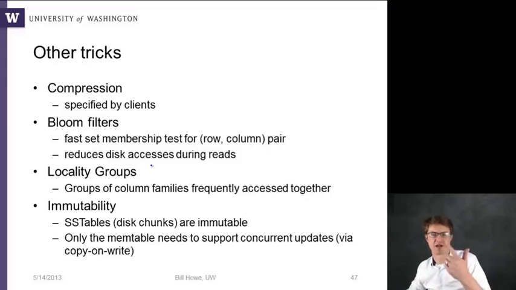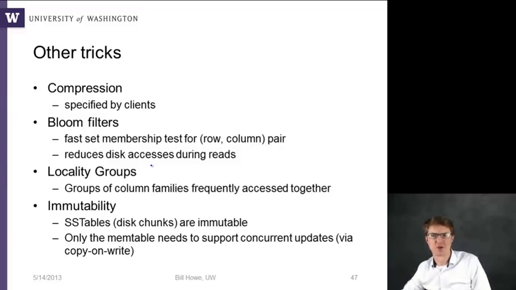So if I give you a row ID, a column ID, and a timestamp, and say, find me this value, what these Bloom filters allow you to do is to very quickly determine whether that does not exist in the system. So these Bloom filter data structures are pretty cool, and I'm going to walk through them in this course in a couple of weeks. Okay, so they help you quickly determine whether that key does not exist in the system and avoid disk accesses during reads.